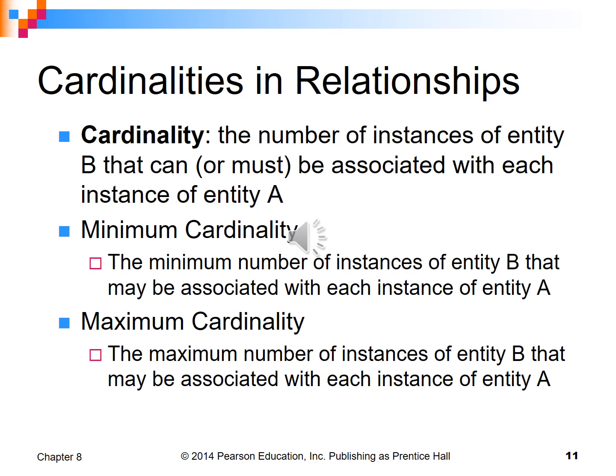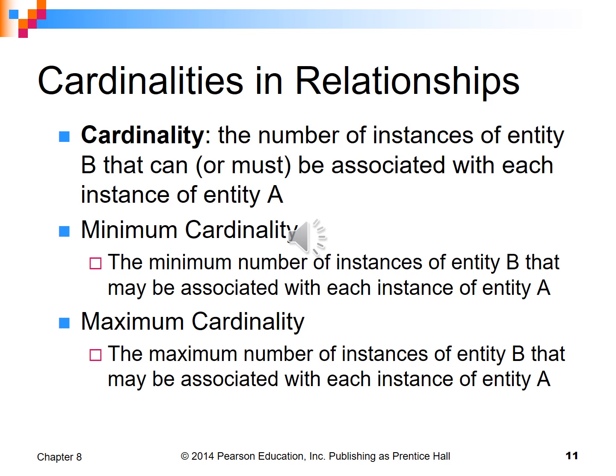It is the number of instances of entity B that can or must be associated with each instance of entity A. There is a minimum cardinality, which is the minimum number of instances of entity B that may be associated with each instance of entity A.